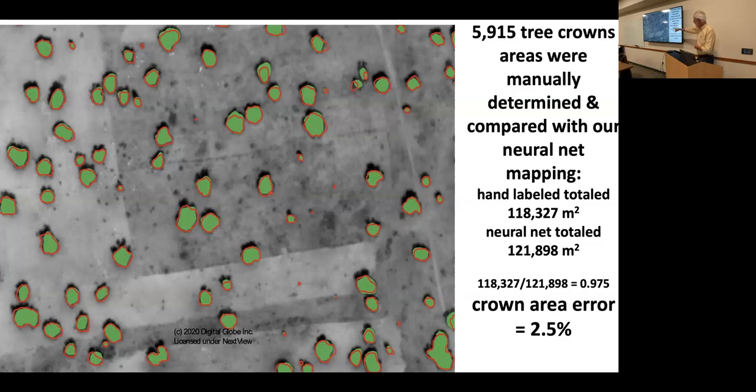And they were defined by the red circle or line around each of the tree crowns. And then we mapped them with our neural net using machine learning and our training data. And the difference was 2.5%. So we take this as being an indication that our mapping uncertainty is on the order of plus or minus 3%. And that's just the mapping of the tree crowns.